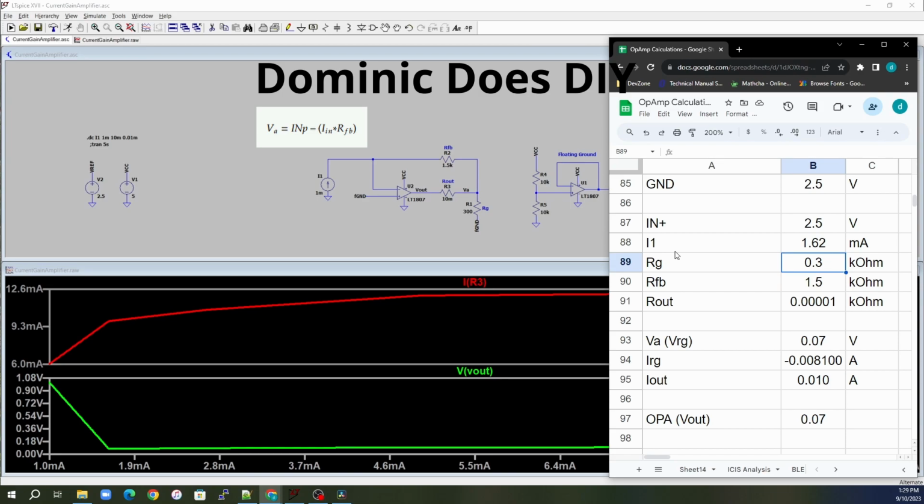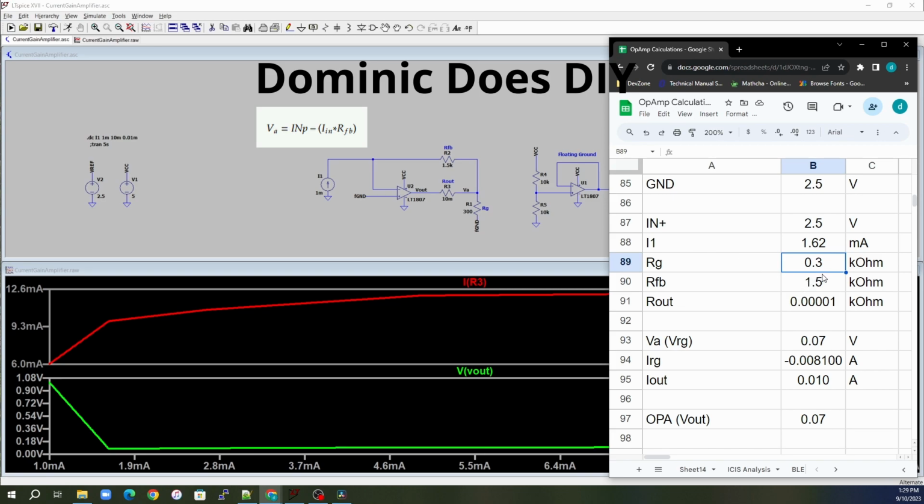So if we can drop our feedback resistor, then our VA will begin to rise. And when our VA rises, that means we're allowed more of a voltage drop across R3. And because our feedback resistor is so much larger, if we adjust that, we can actually make a pretty big dent into our range of what we can do.